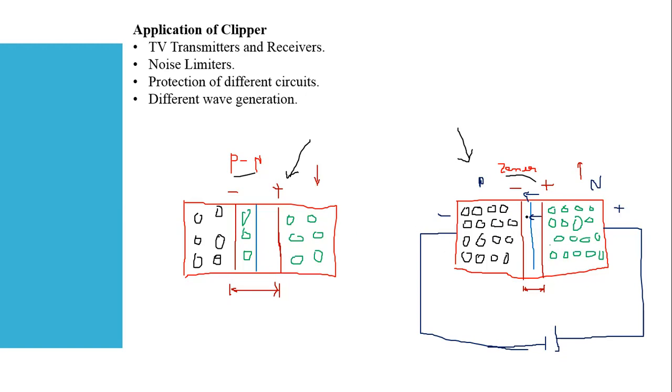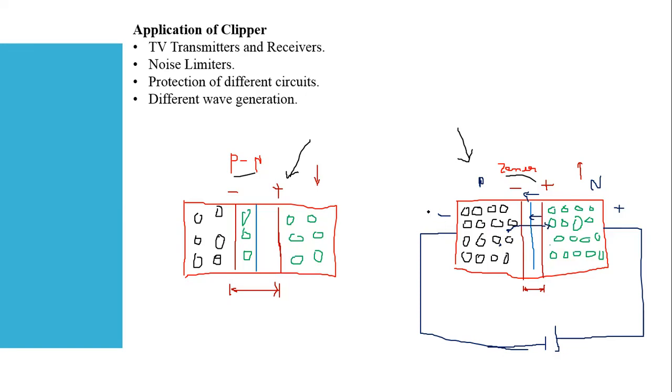So due to this intensity, what happened now? See, normally the majority charge carriers are not going to pass through this barrier or depletion region because of the reverse bias condition, but definitely this depletion region will support the minority carriers, because we know some electrons are there in the P that act as minority carriers. So those electrons are going to pass through it.